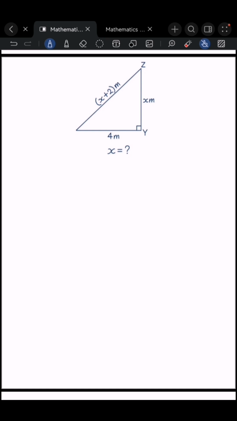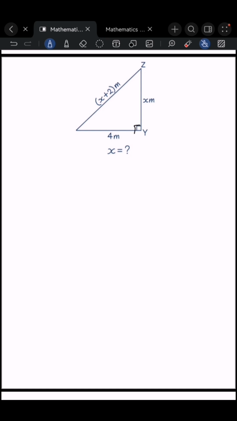Alright, we have this triangle here that is given, with one side being x meters, the other side being 4 meters, and the other side being x plus 2 meters. The question is, what is the value of x? When we see this, we know it's a right angle triangle.